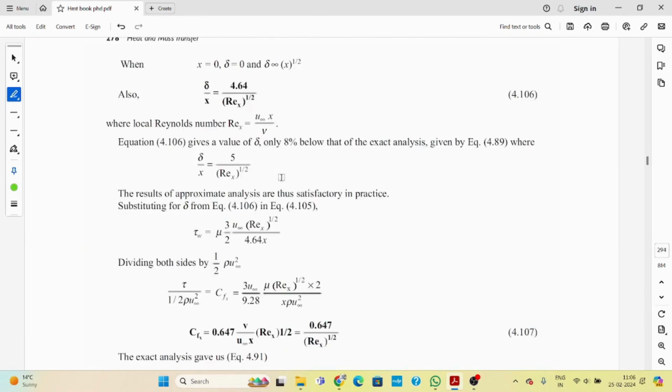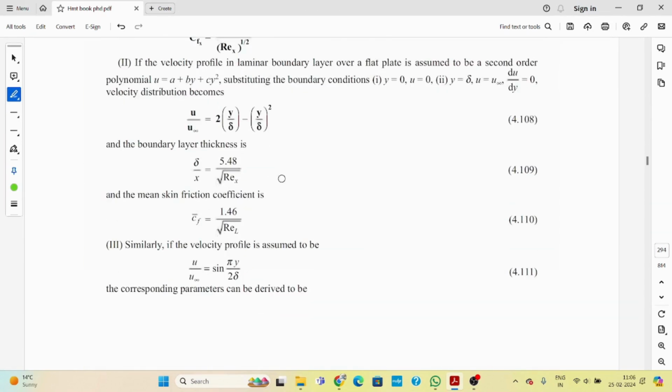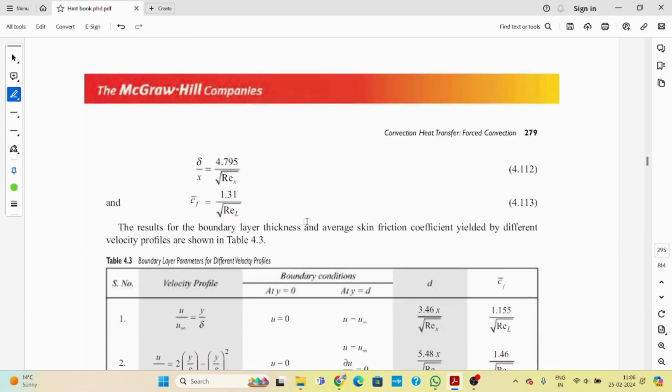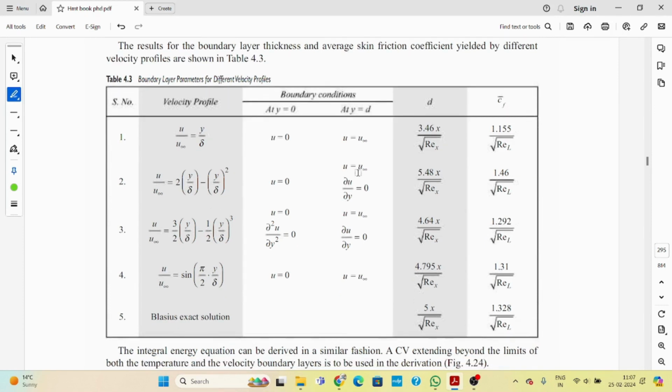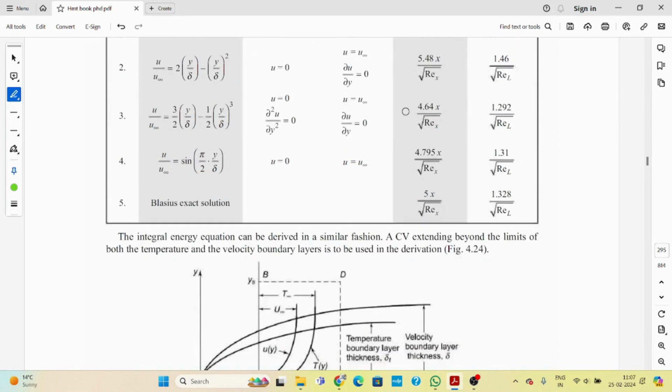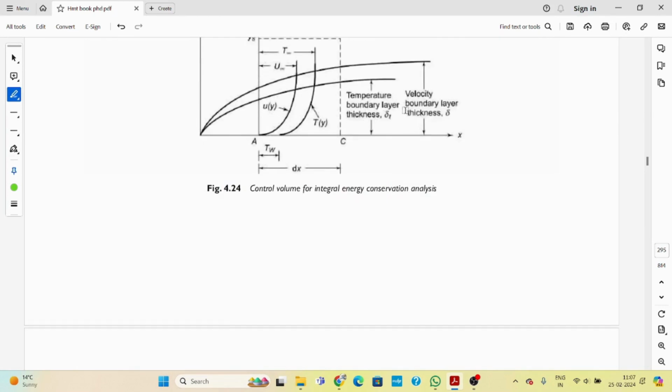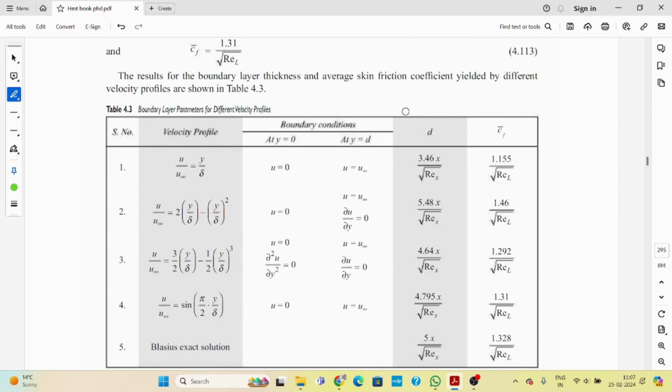Not much important. What we have studied, just remember; we will see a simple example for the solution, and you just practice, and you will be able to solve all the examples. Here you can see the different conditions, the velocity profile, and for that velocity profile what boundary condition we will use, the Cf and delta. So this table is important.